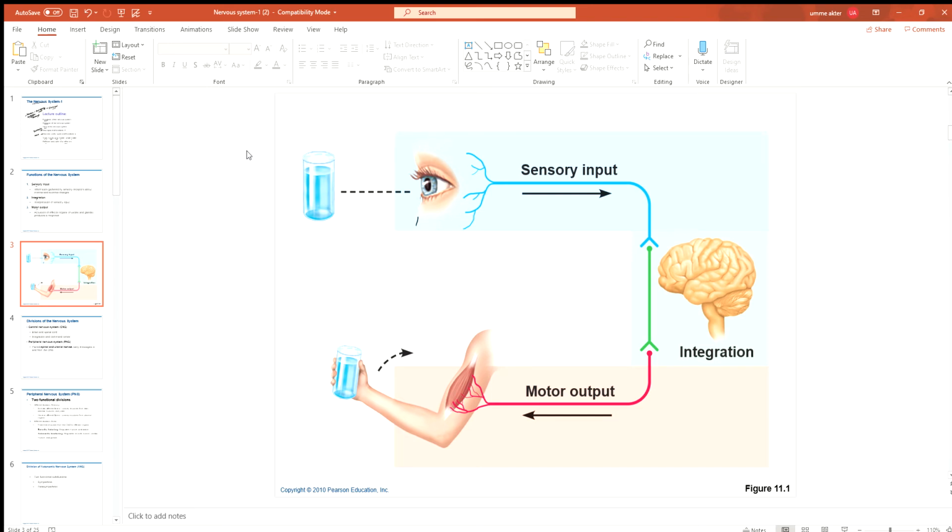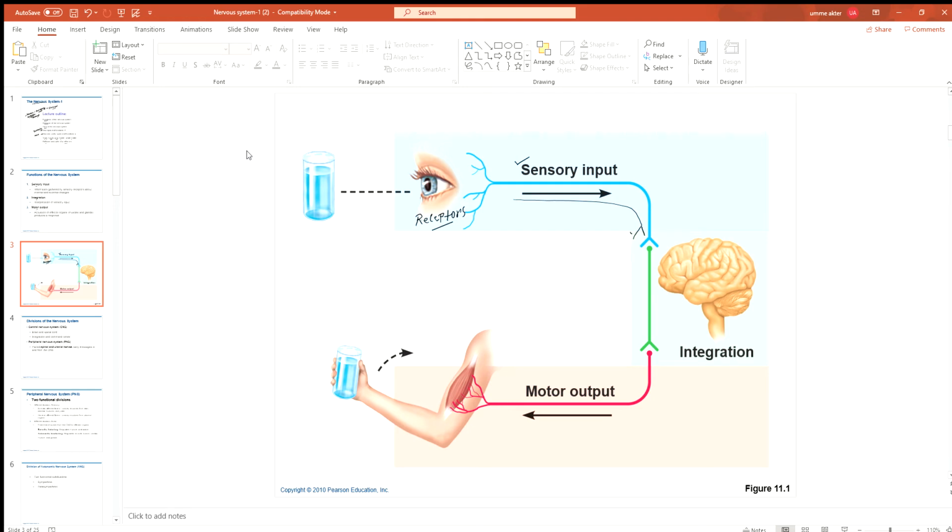So receptors receive that signal first, and then the photoreceptors from the retina of the eye will send signal to the brain, and that is called sensory input.